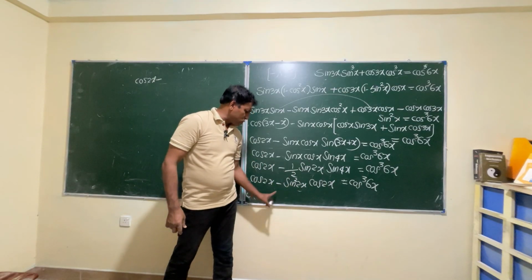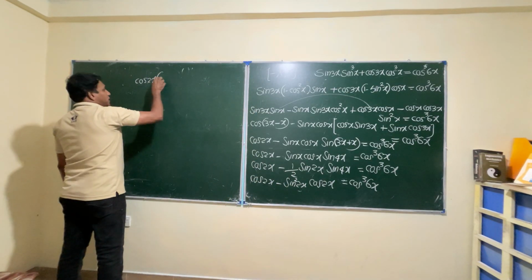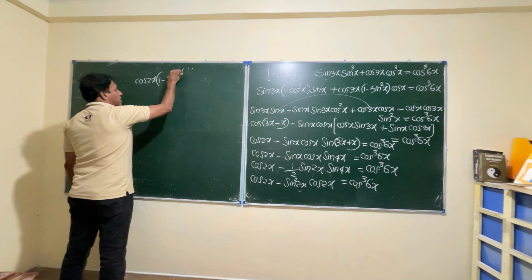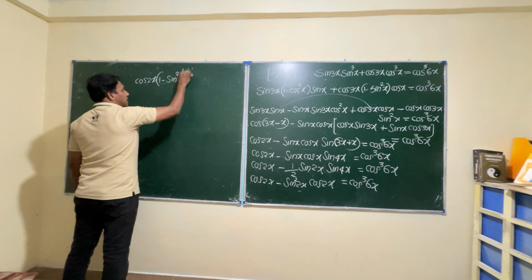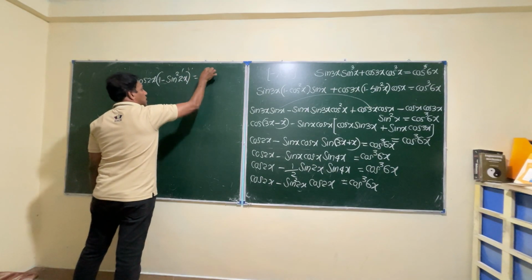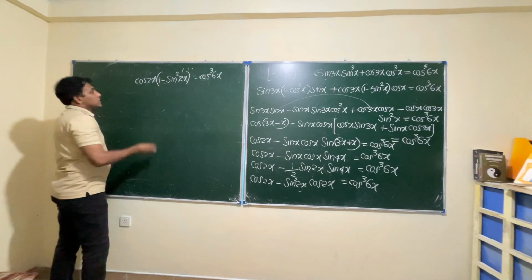I can take the cos 2x out. That is 1 minus sine square 2x, equal to cos cube 6x.